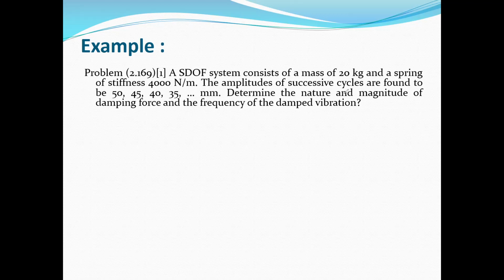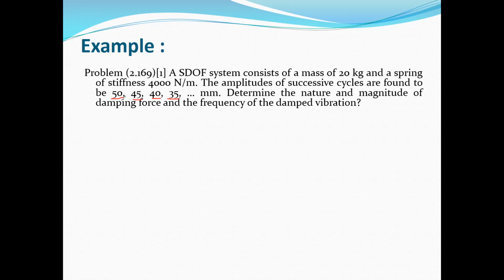Determine the nature and the magnitude of the damping force and the frequency of the damped vibration. According to the amplitudes for the consecutive cycles, we need to obtain the nature of the damping in our system.